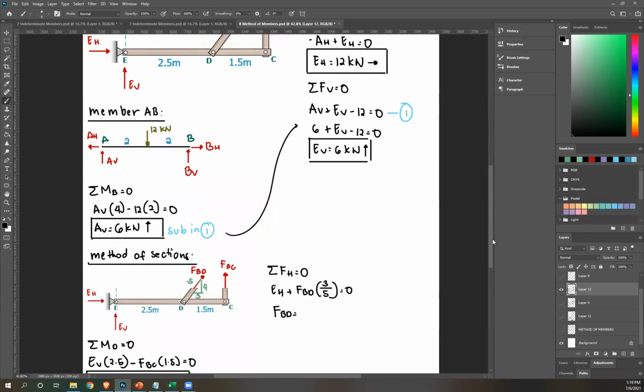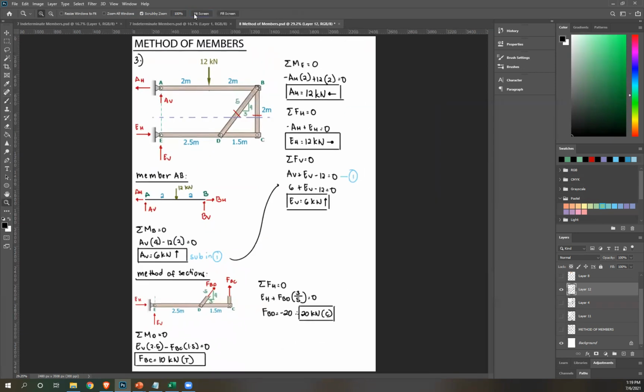So that's 5 over 3. That's 20. So negative 20. That means incorrect assumption. It's 20 kilonewton. I assumed tension, that's incorrect, so it's compression. Okay, there. And that is number 3.